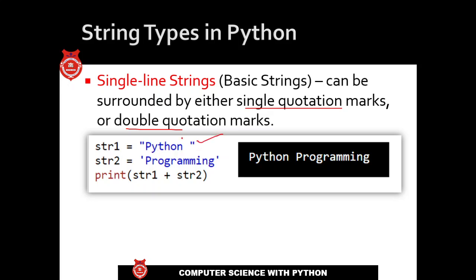This is one string. str2 is programming. This is another string. And I'm printing string 1 plus string 2. So the output is this one. I'm giving one space here so that there will be some space in between. If you do not give a space, there will be no space.